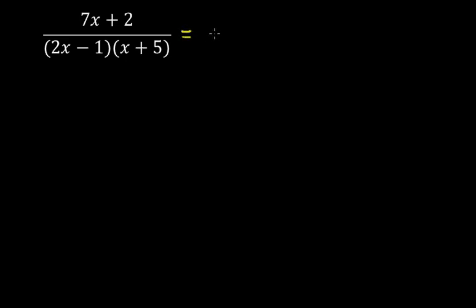Well, we know that it's going to give rise to a sum of two partial fractions, one with denominator 2x minus 1 and the other with denominator x plus 5. Both of these are linear factors, so we know that their numerators will simply be constants. So there we have set it up, and now we have to solve for A and B.